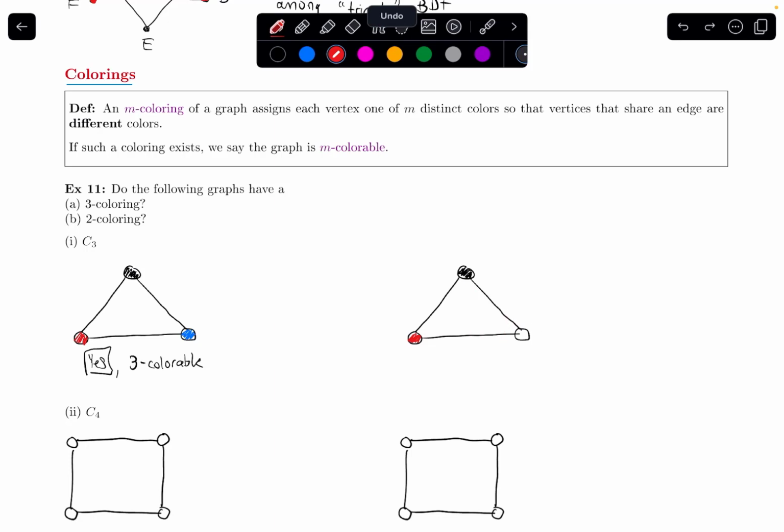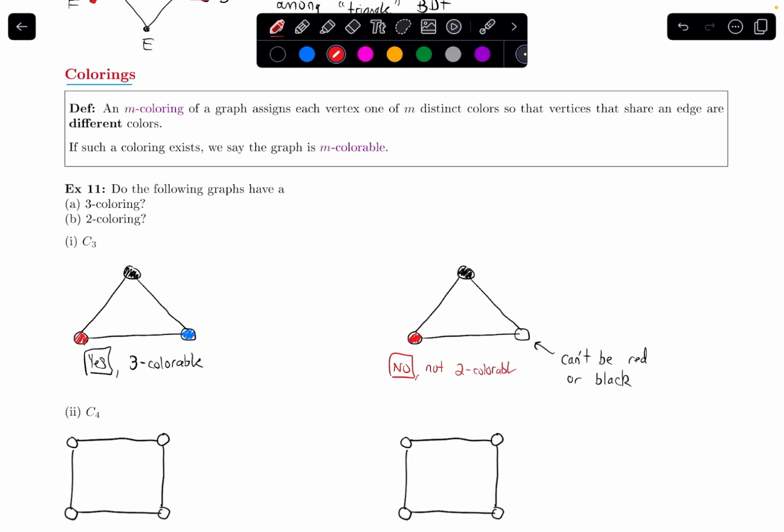So that means I can't make this red or black, because it shares an edge with both of those. It's got to be a different color. So I'm forced to use a third color. So unfortunately, I would say no, it is not 2 colorable.